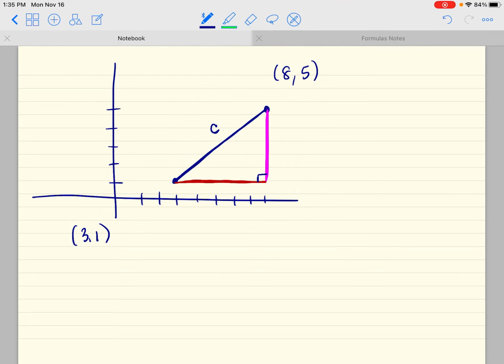This is going to be the side c that we're looking for, and sides a and b are literally vertical and horizontal lines, things we can count. Let's look vertically first: we're going from a y value of 1 to a y value of 5. How many units is that? It's 4 units, okay?